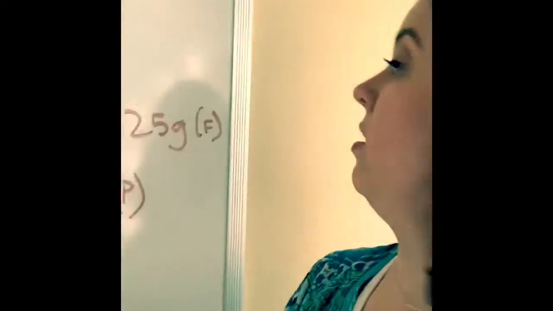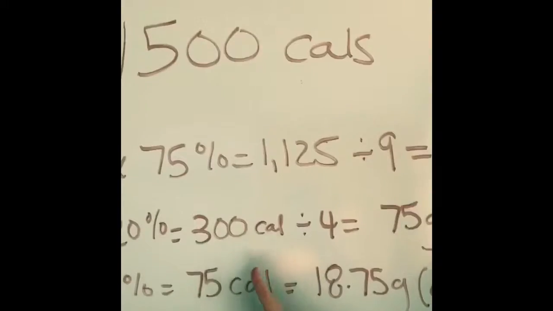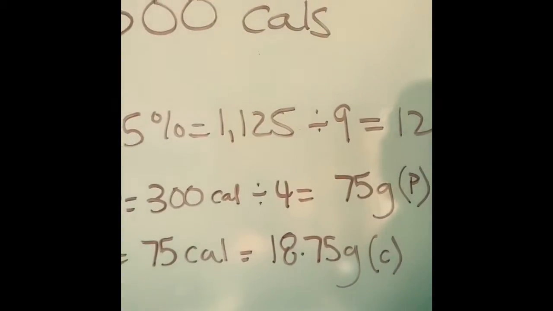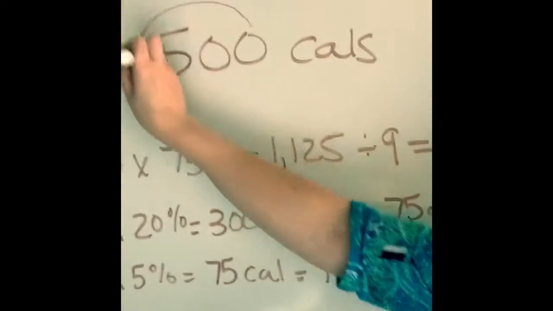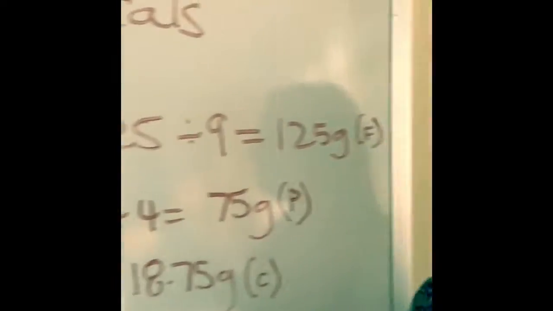But from this perspective, this is how it works when your macros are being calculated within those apps. So again, you guys, the 1,125 plus 300 plus 75 will get you to the big boy up here, 1,500 calories. So hopefully that helps. And if you guys have any questions, please let me know.